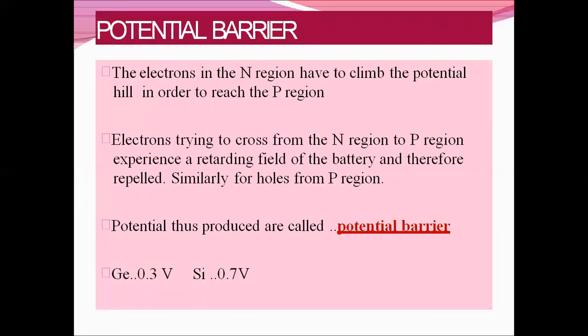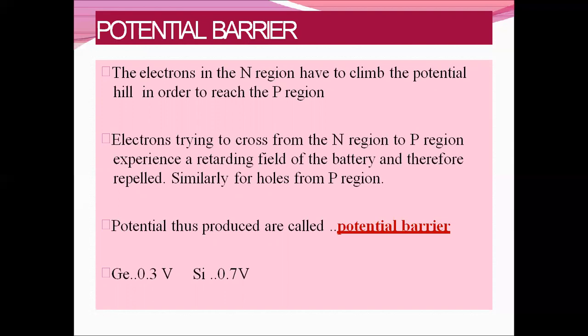Now the potential barrier: in the depletion region, the electrons in the N region have to climb the potential hill in order to reach the P region. The electrons trying to cross from the N region to the P region experience a retarding field and are therefore repelled. Similarly for holes from the P region.